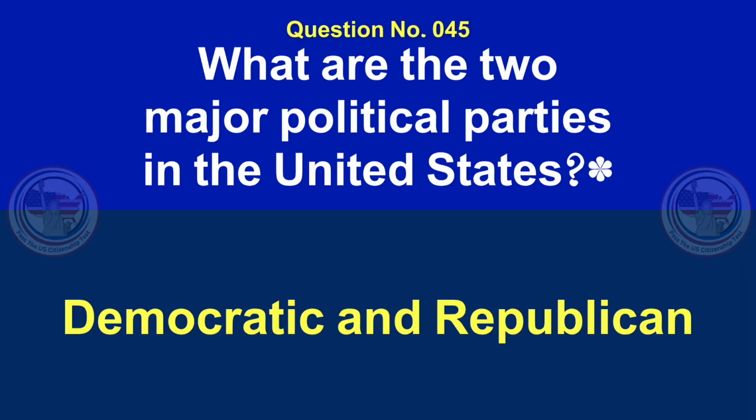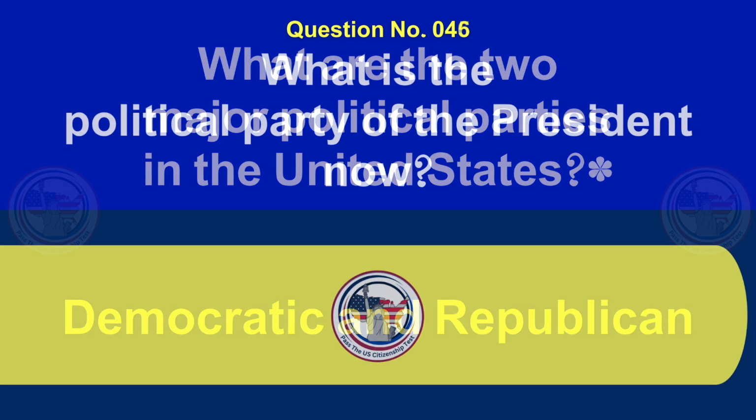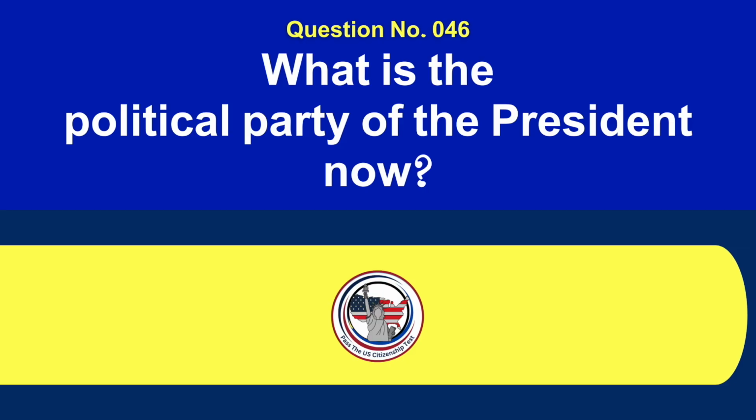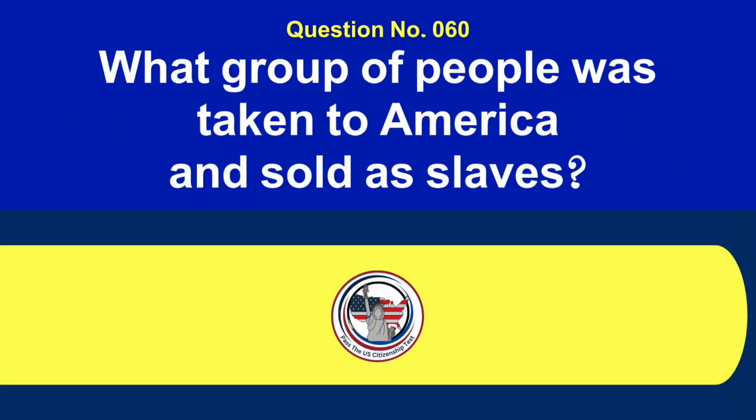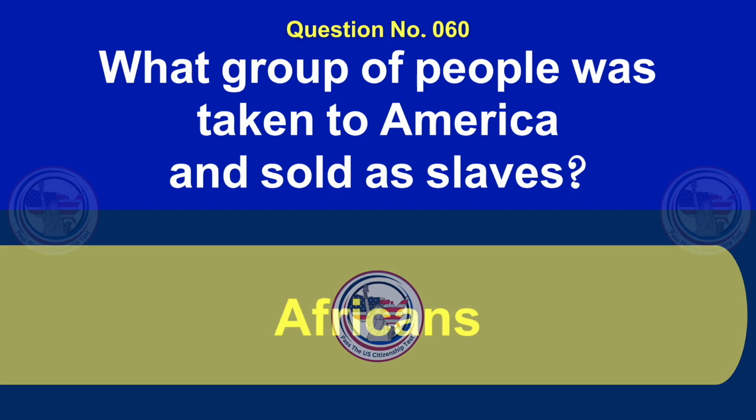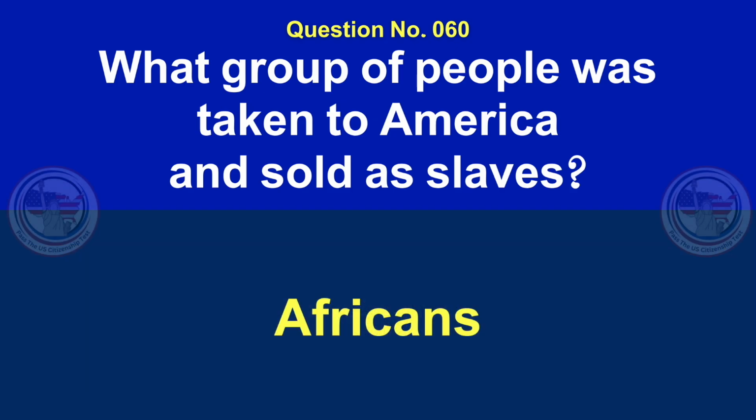Democratic and Republican. What is the political party of the president now? Republican. What group of people was taken to America and sold as slaves? Africans.